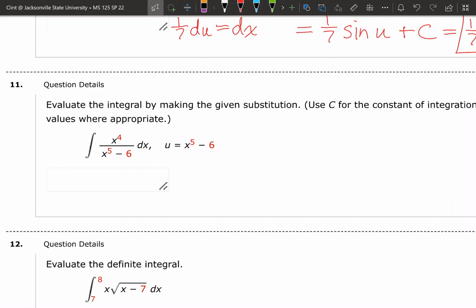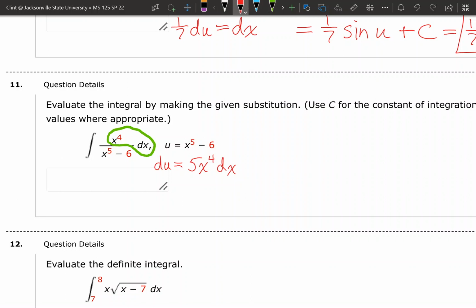Well, we got substitution again. It tells us what to use for u. So if u is x to the 5th minus 6, what will that give us for du? If we take the derivative, 5x to the 4th, and then have our dx. So if u is the x to the 5th minus 6 part, the part we need left over in du is x to the 4th dx.